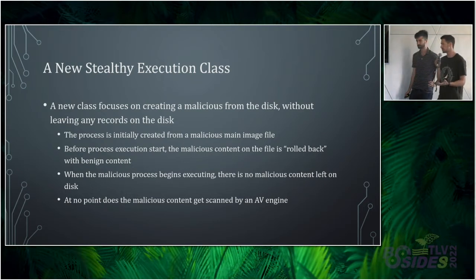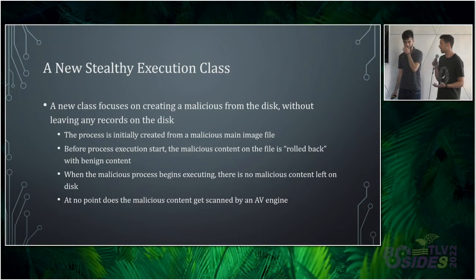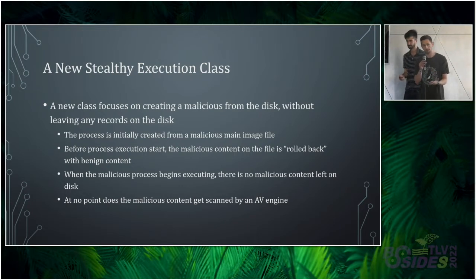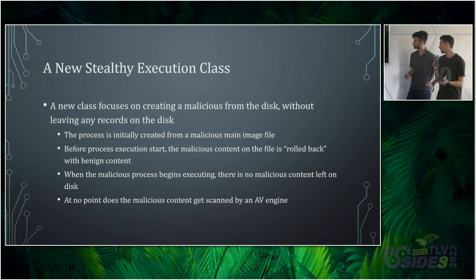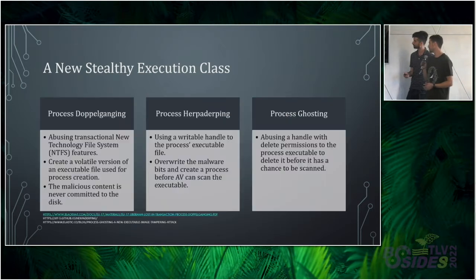It works by somehow allowing the attacker, before the process starts execution, to revert the malicious content from the disk. So the process is launched from a malicious image file, and then the image file is rolled back, and benign content is overwritten to the file itself. When the process starts the execution itself, there's no actual content to scan.